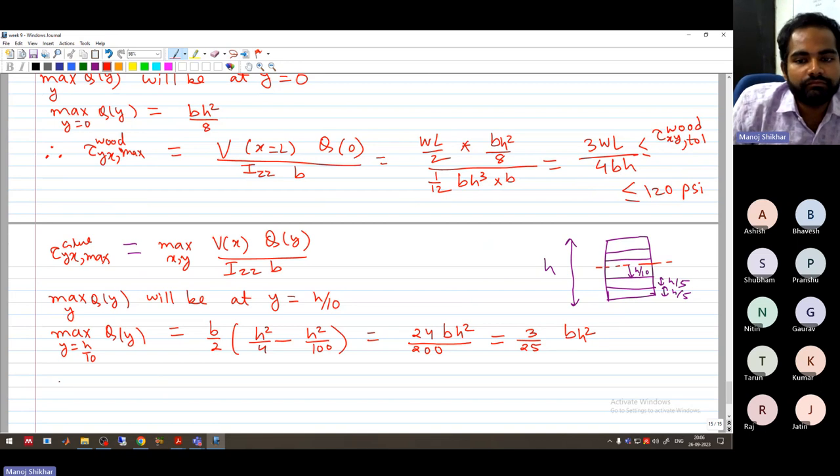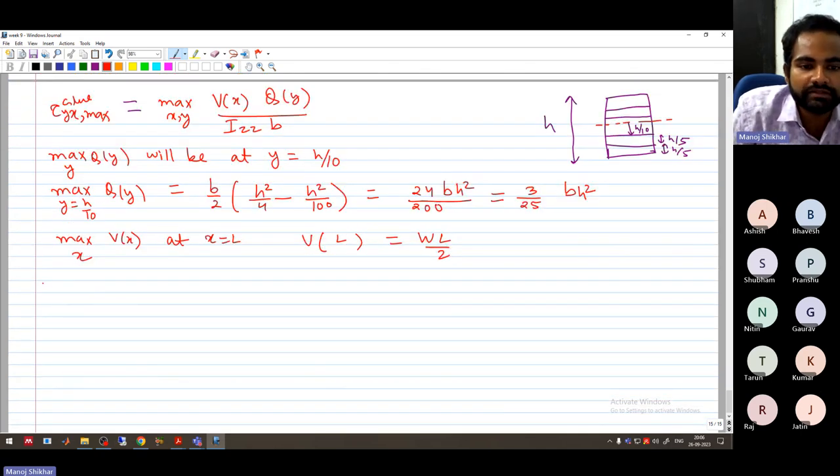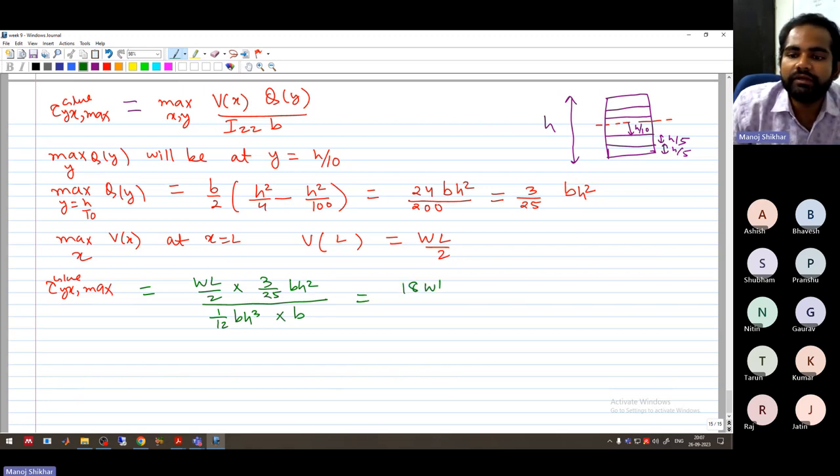We already know V at x equal to L is WL by 2. So we will substitute it here and we will get the tau max. WL by 2 into 3 upon 25 bh square upon 1 by 12 bh cube into b. So this will come out to be 18WL upon 25bh.